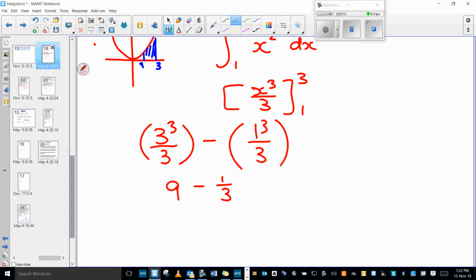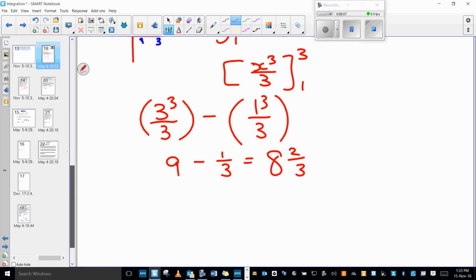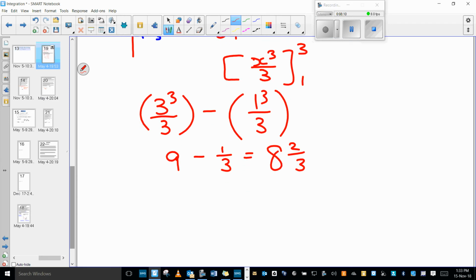You're subtracting. So we've established that 9 whole ones, subtract 1/3 would be 8 and 2/3. And if you wanted to, you could change this to an improper fraction. We need a denominator of the same.